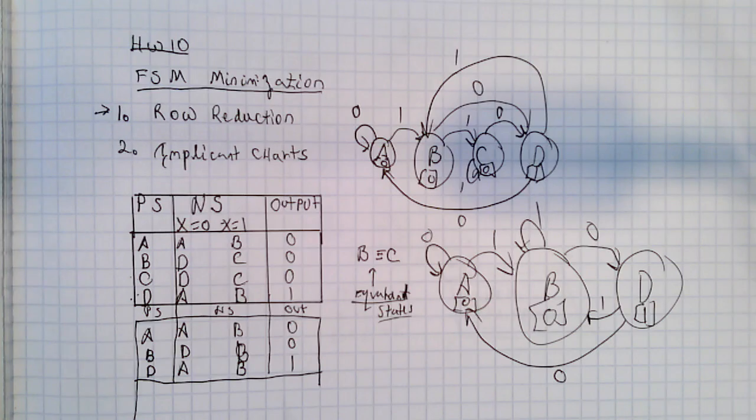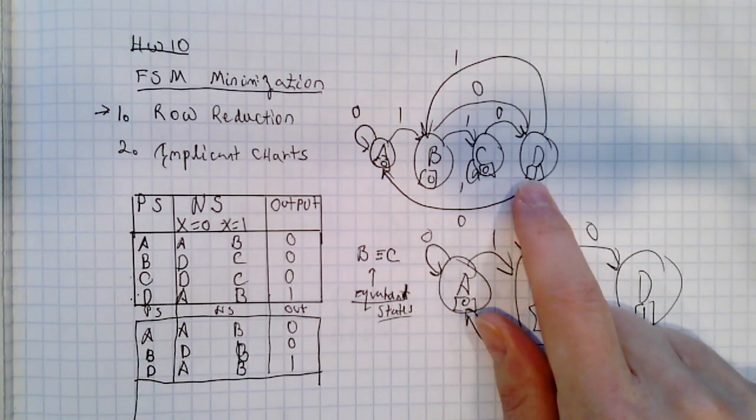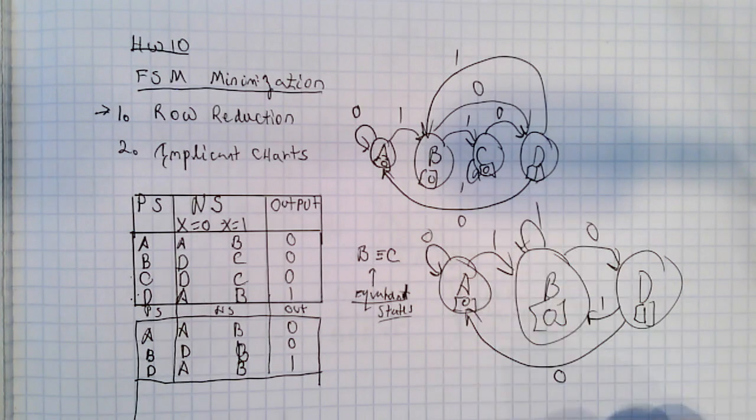Well, what we're really saying is that the output is a function only of the state, not of the input. So if you're in state D, the output is going to be a 1.